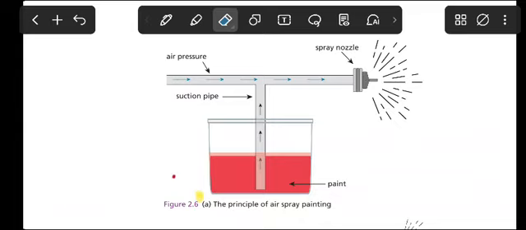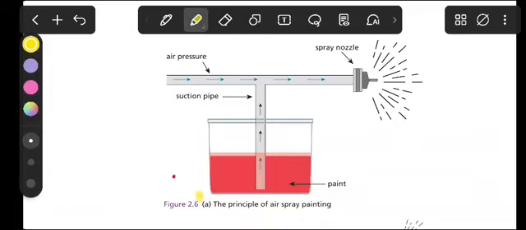Then after you've drawn, you start with your T. Then you put your bucket. Then you put your paint and indicate it's paint. This is the suction pipe, because the paint is going up. Obviously, it's sucking. That paint is going to the spray nozzle.